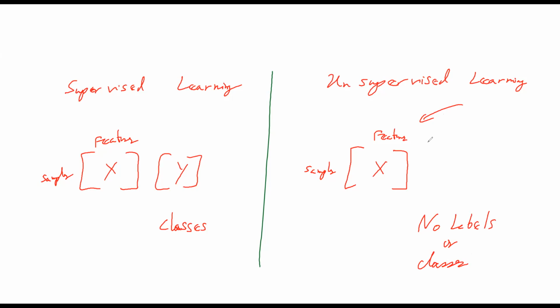As I said, in unsupervised learning there are several techniques, and people might expect k-means to be the first algorithm that we would look at, but I'm actually not going to start with k-means.